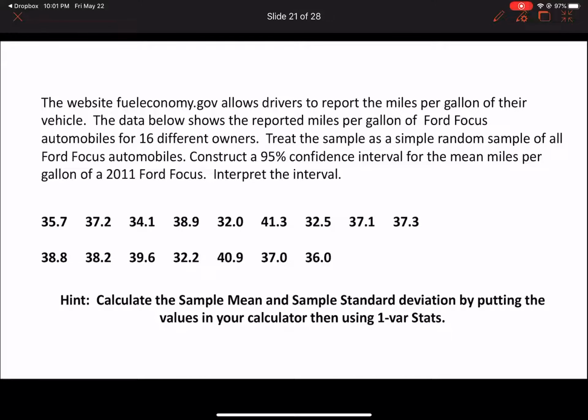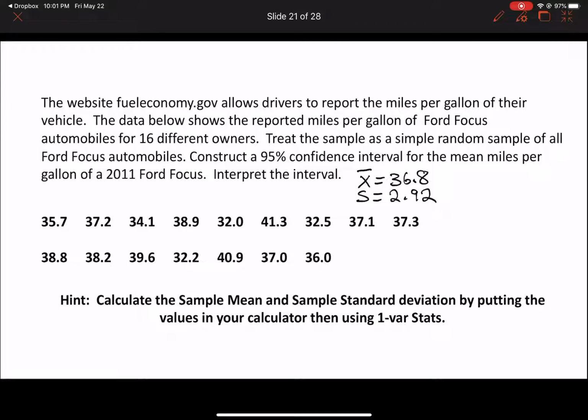Okay. So with all of that, we get that our X bar is 36.8, and our S is about 2.92. So we got 36.8 and 2.92.